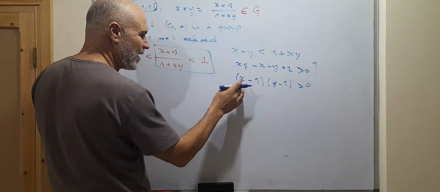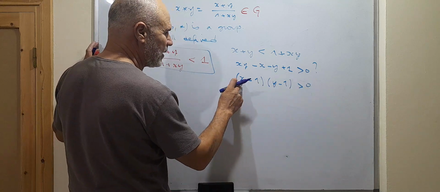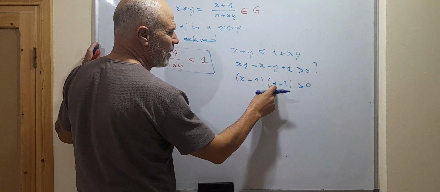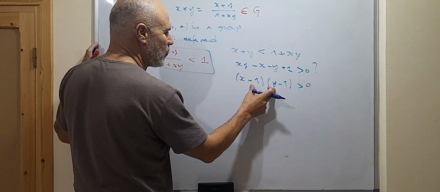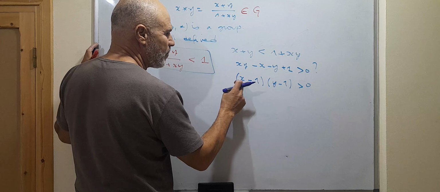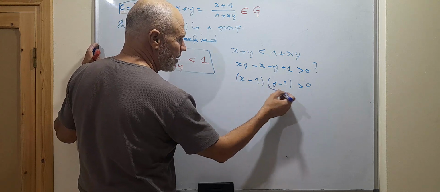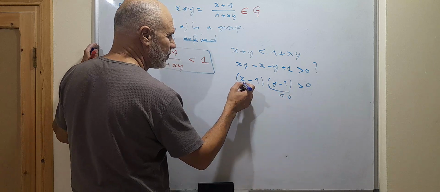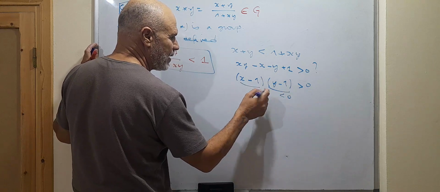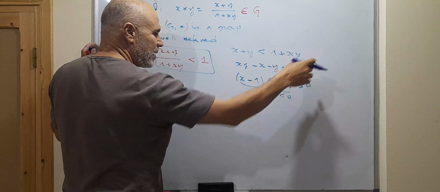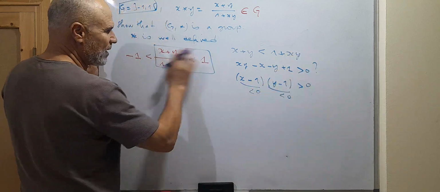Is it true? Both x - 1 and y - 1 are negative, so the product is positive. From this side, it's okay.